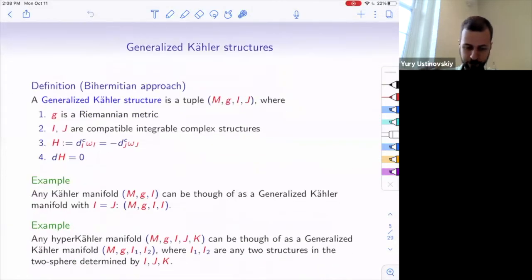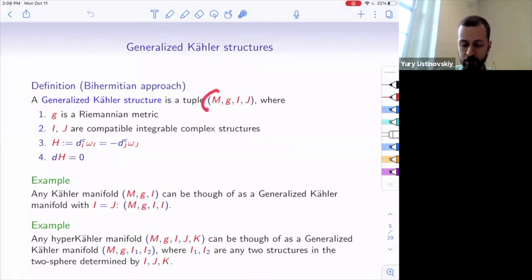So here it is. So that's this definition. Seemingly, it has nothing to do with what I've been describing so far, but in reality, it is equivalent. And this equivalence was established exactly by Gualtieri. So from the previous definition, he derived this equivalent notion of generalized Kähler structure.